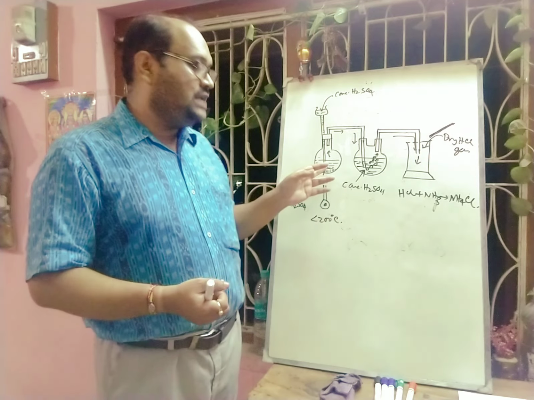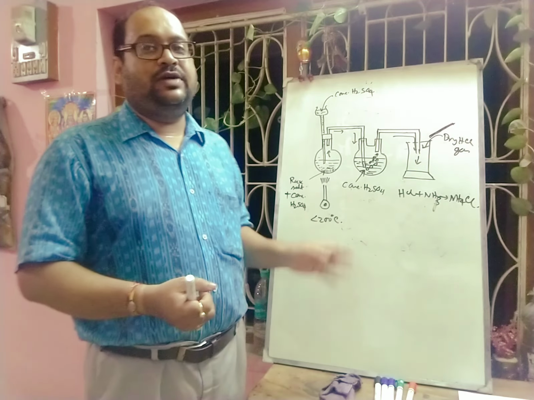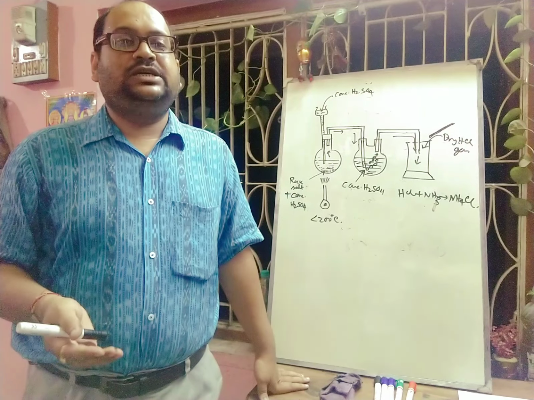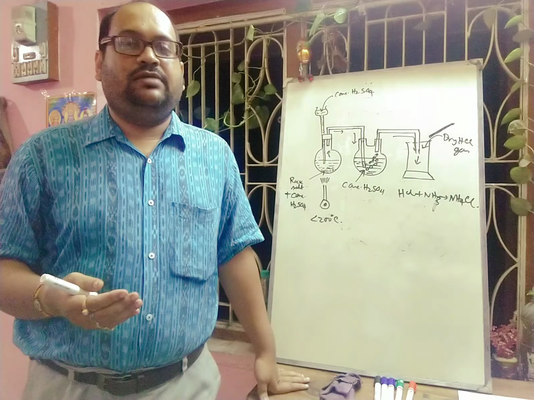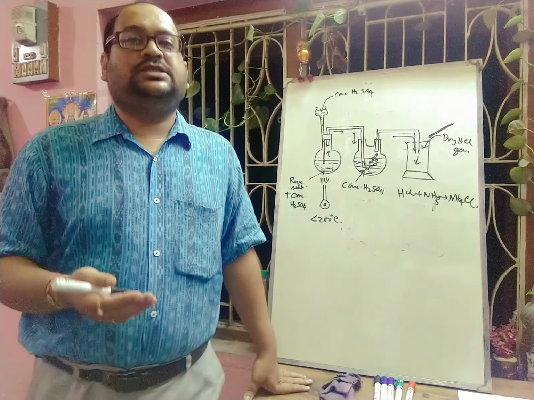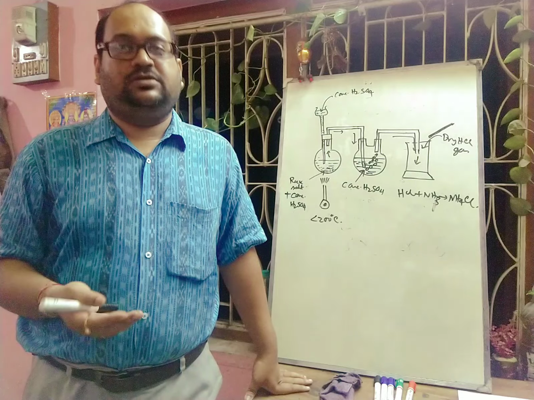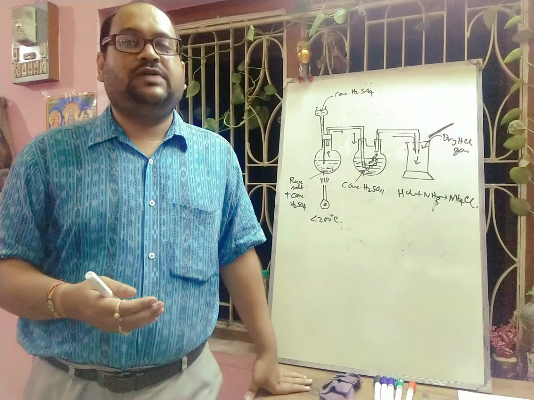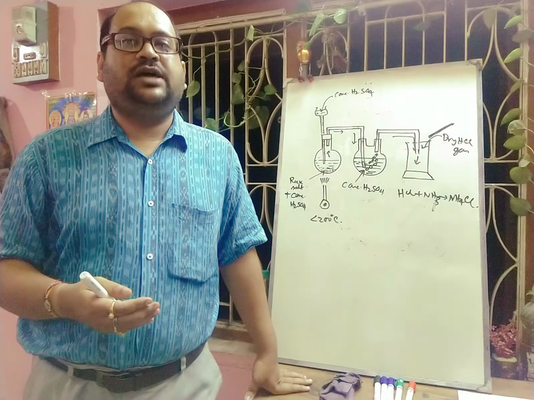If we used it for preparation of HCl gas, as it is a volatile acid, there will definitely be chances of nitric acid vapor in the HCl gas container. So it will be very difficult to purify the gas. That is why nitric acid, as it is volatile, is not generally taken.